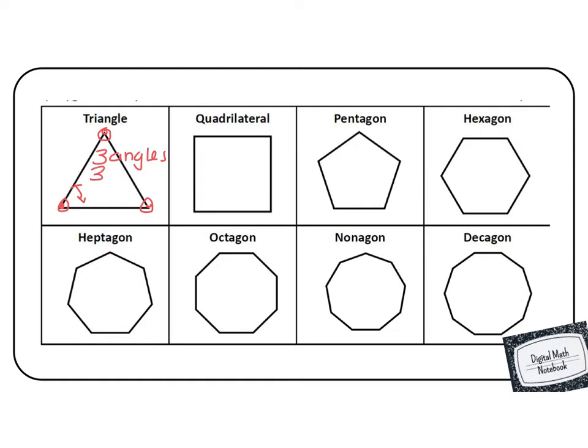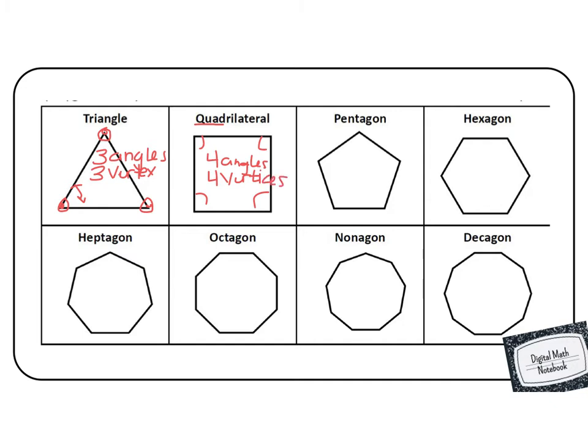So it has 3 vertexes. A quadrilateral, you can think of a quad has 4 wheels. A quadrilateral has 4 angles, 1, 2, 3, 4, and it has 4 vertices.